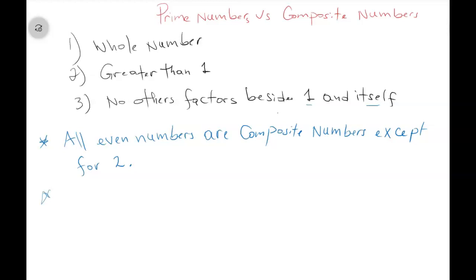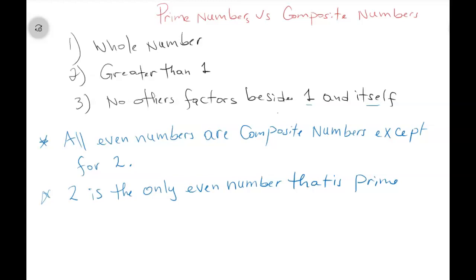Second thing, if all even numbers are composite numbers except for 2, then 2 is the only even number that is prime. So everything starting from 4, 6, 8, 10, 12, 14, 16, 18, 20, all the way to infinity, if it's an even number, it is a composite number.